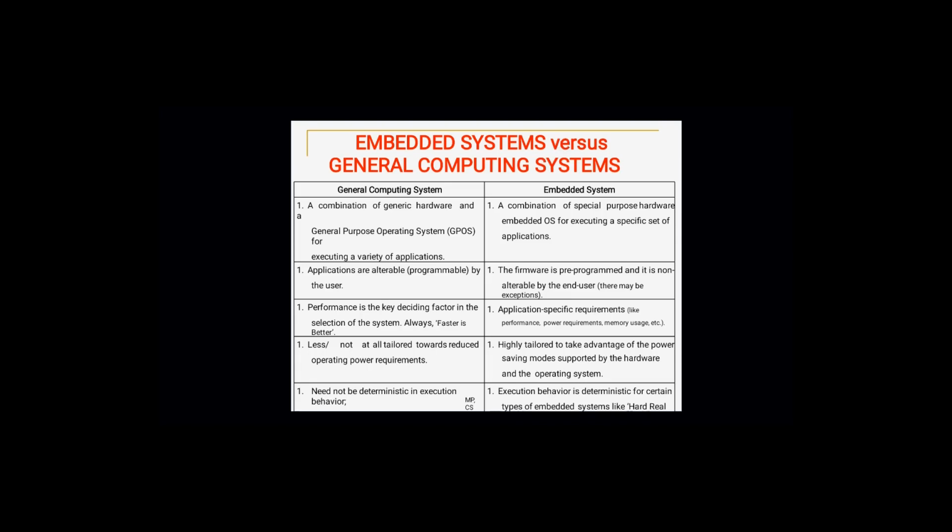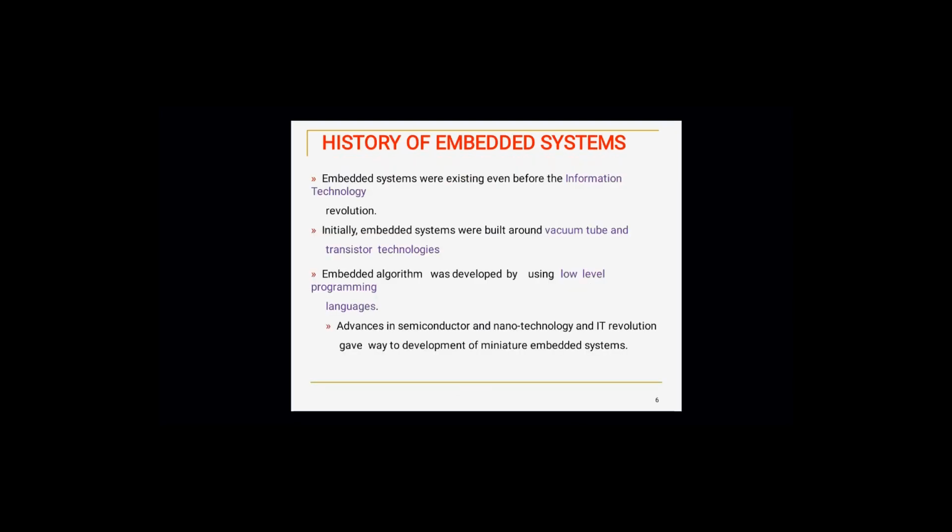We don't know for what purpose we are going to use them. You can utilize your computer system for any purpose, whereas embedded systems are designed for a specific purpose. They have discussed different differences here. So till now I have explained what an embedded system is, and you can compare the general computer system and the embedded system.